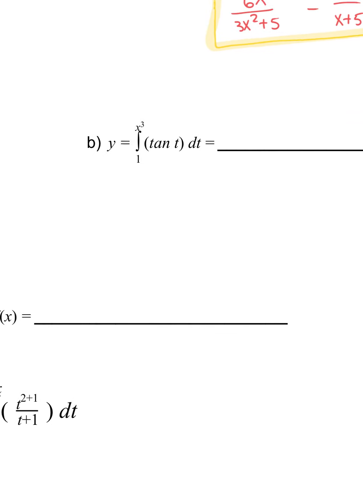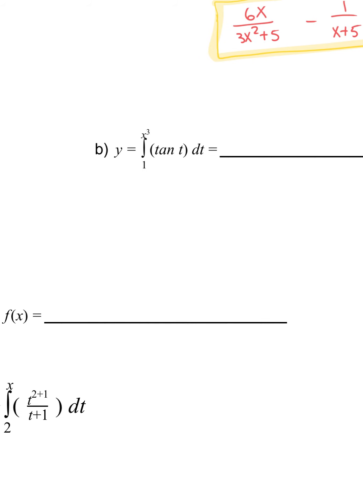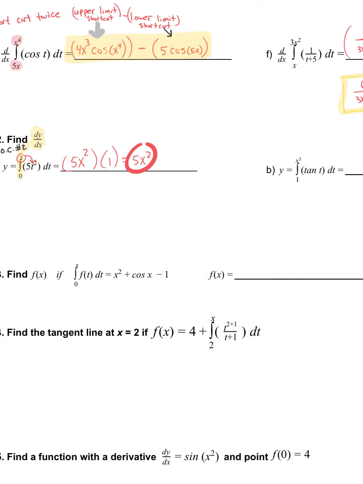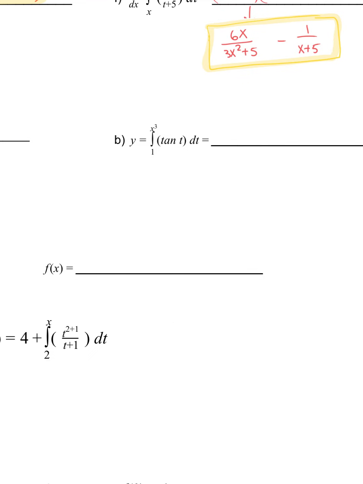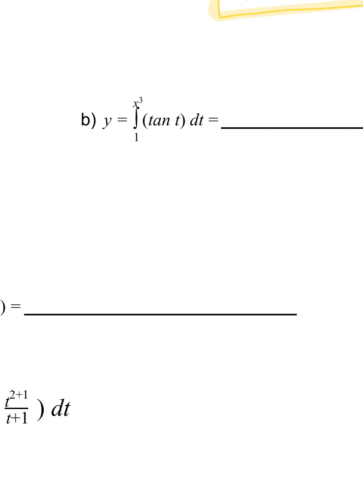Okay. And then finally, part B. Same thing here. Fundamental theorem of calculus part 2. We're taking the derivative right here. Where's my directions? Right here. We're taking the derivative of that integral. Okay, so this goes quick. First step, we take that upper limit and plug it in for t. So the tangent of x cubed.